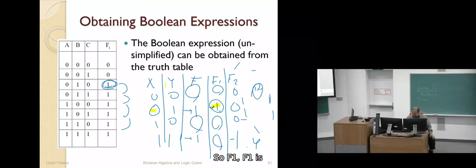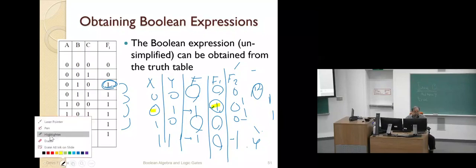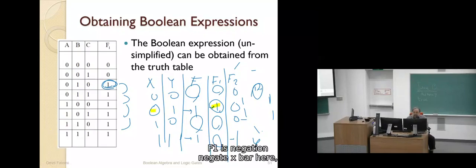So f1 is negate x, x bar, with y. And f2, what is f2? Tell me together. Tell me. X and y. Yeah, because both of them are here and this is x and y.